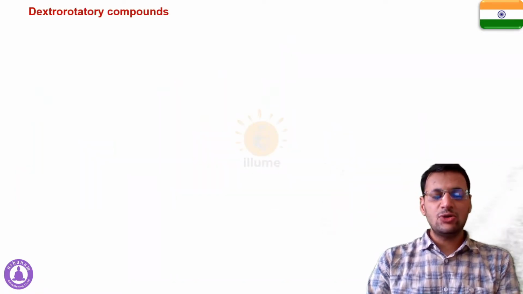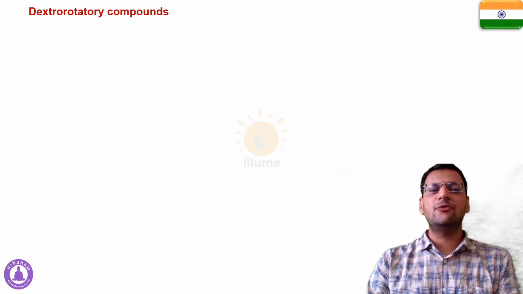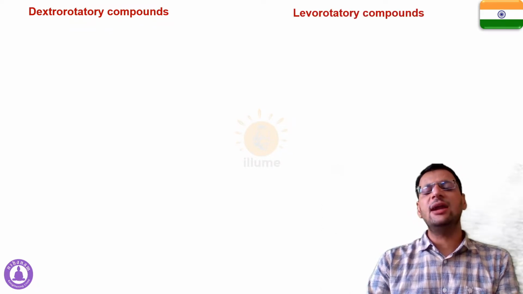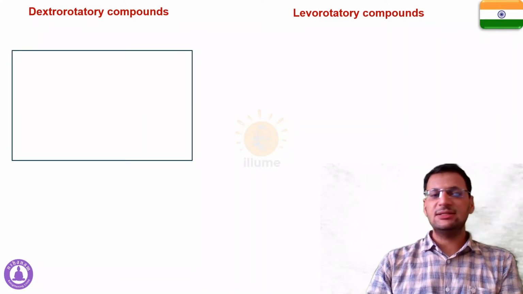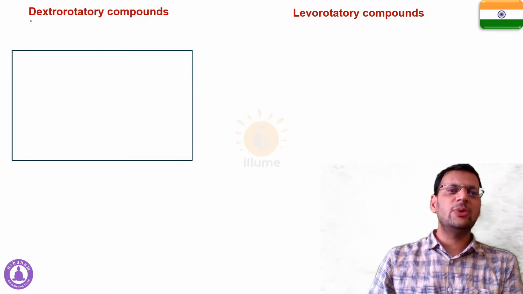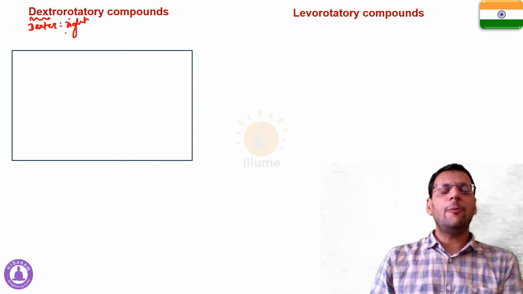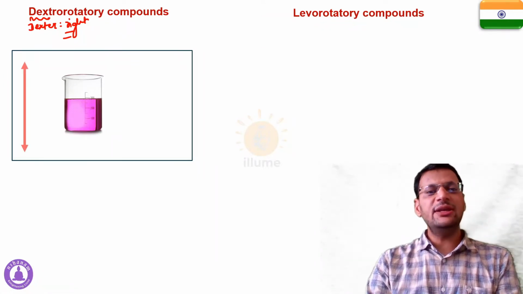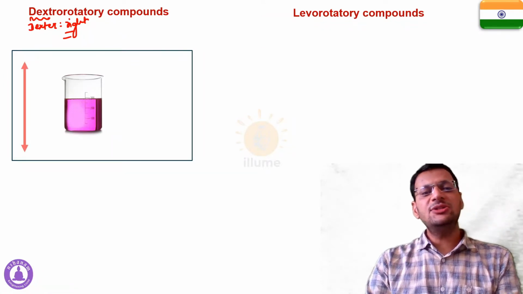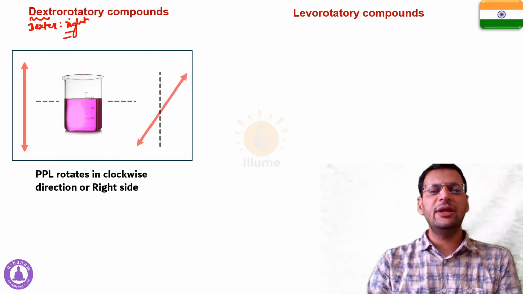Now on the basis of the deflection, these optically active compounds are of two types: dextrorotatory compounds and levorotatory compounds. In the case of a dextrorotatory compound, the word dextro has been derived from dexter, and dexter means right. So if an optically active compound deviates the light towards the right side, or in the clockwise direction, then such a compound is a dextrorotatory compound.